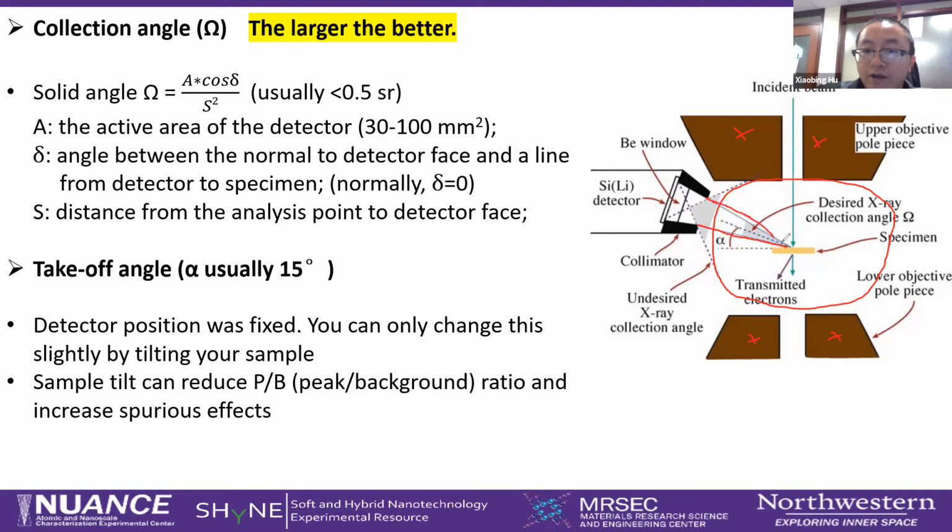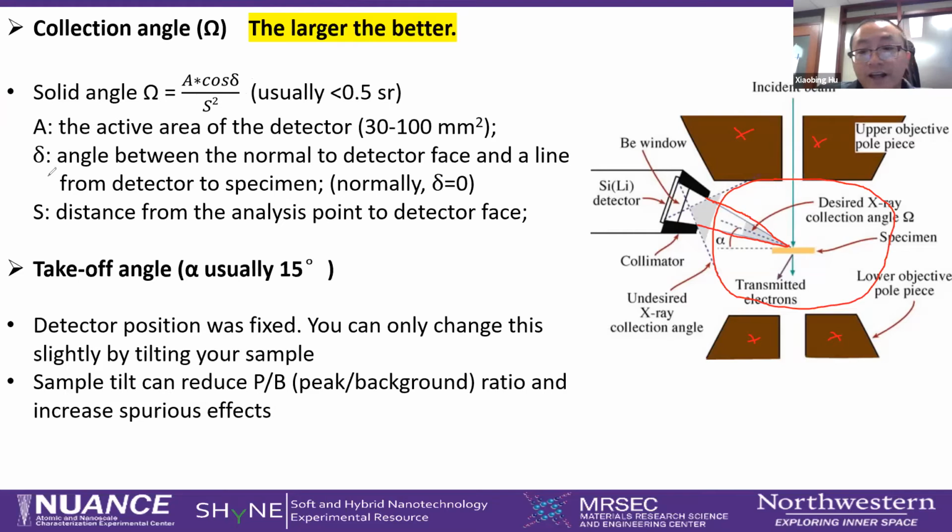So that's why the collection angle is important. We can define the solid angle using this formula, where A is the active area of the detector, usually 30 to 100 square millimeters. For the old generation detector, this is very small, only about 30, but for the new generation detector, it is very large, about 100.